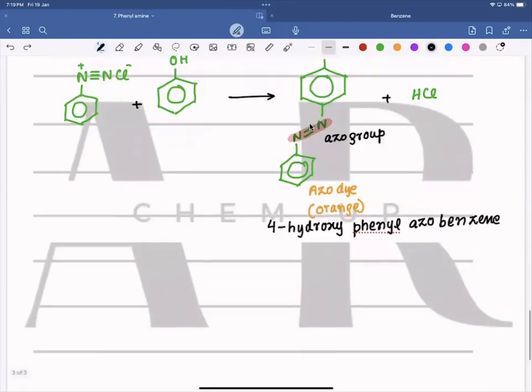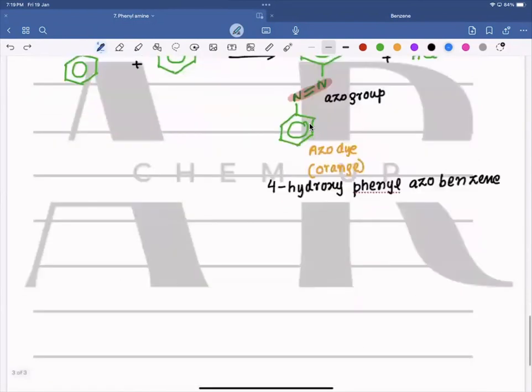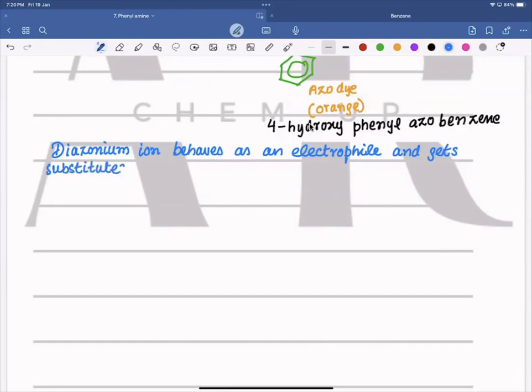So if we talk about this reaction, as we see that diazonium has a positive charge, so we can write over here that the diazonium ion behaves as an electrophile and gets substituted on another aryl compound. And when we say aryl compound, it means any compound which has a benzene ring.